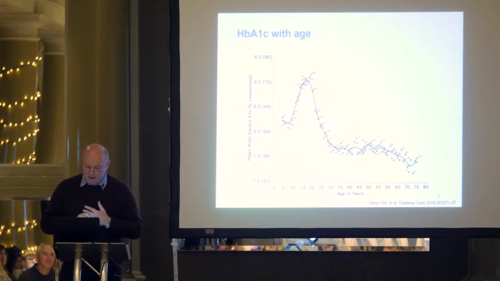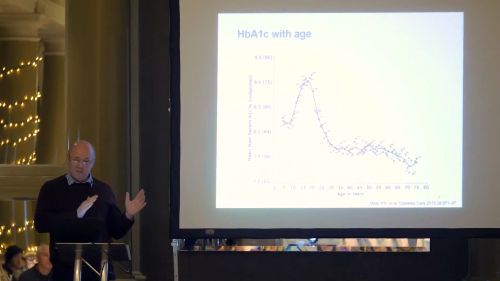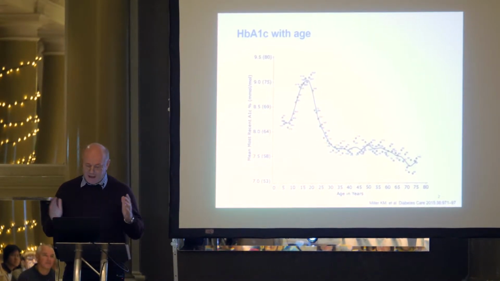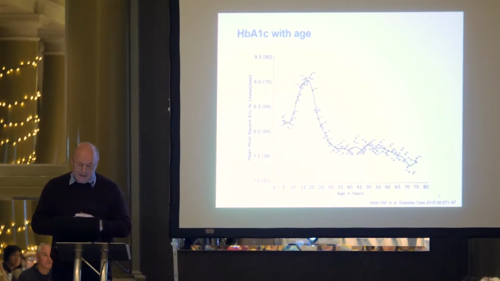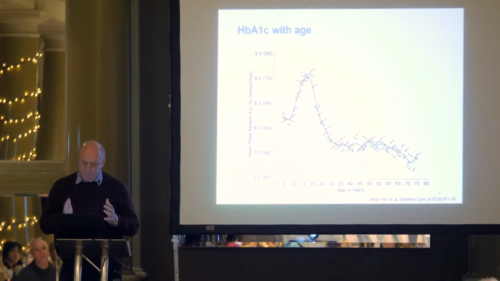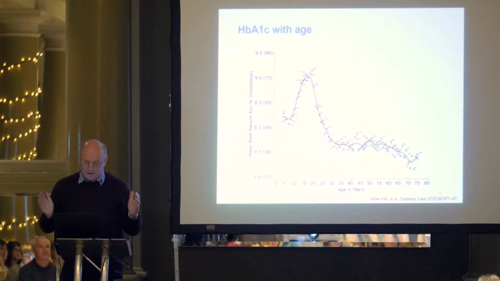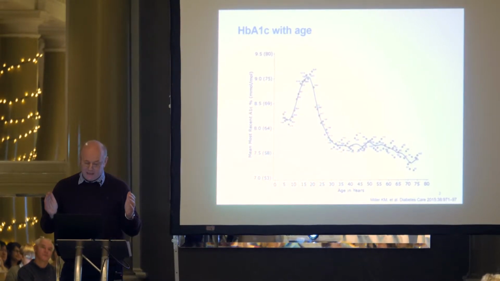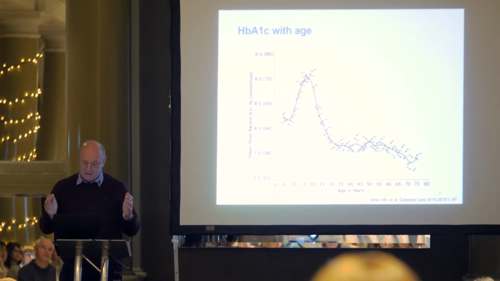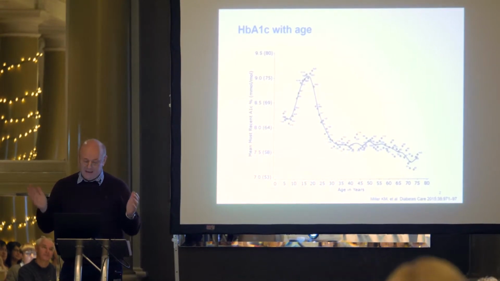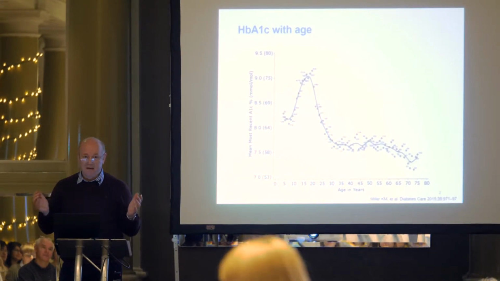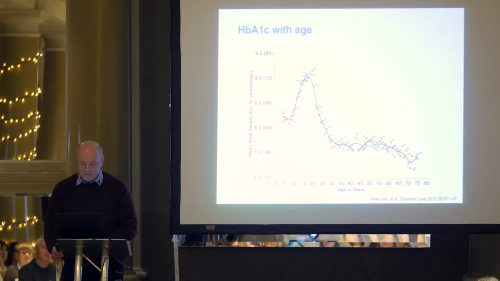So this is HbA1c data from the Type 1 Diabetes Exchange against age. As you can see, cohorts under the age of 5 or 6 have an HbA1c around about 64. That goes up in adolescents to around 74, a 10 millimole per mole difference.